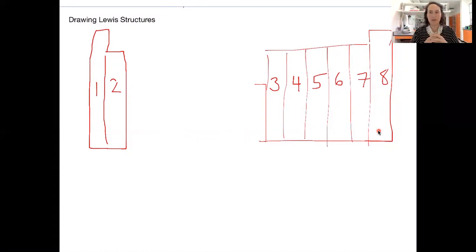Each time you go down a period, so periods come down this way, you can think of adding another layer of electrons out from the nucleus. So if you're hydrogen or helium, you only have 2 electrons in shell 1.